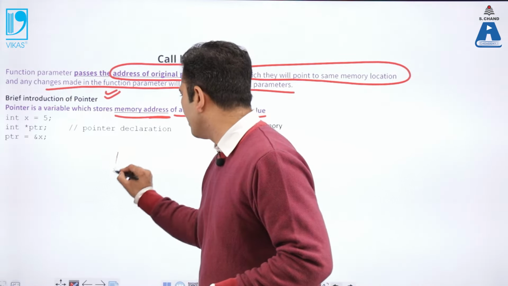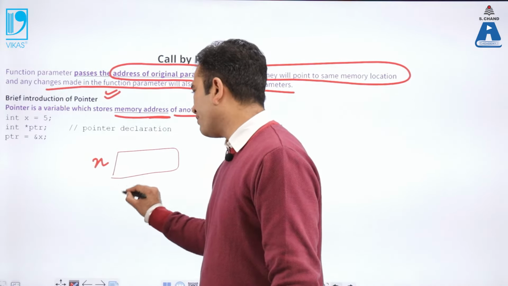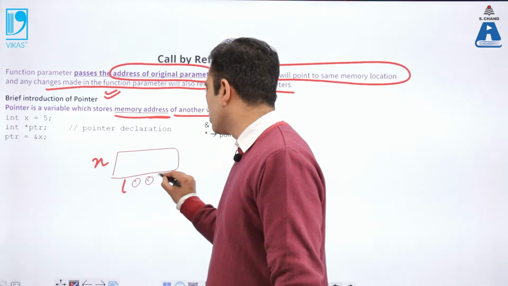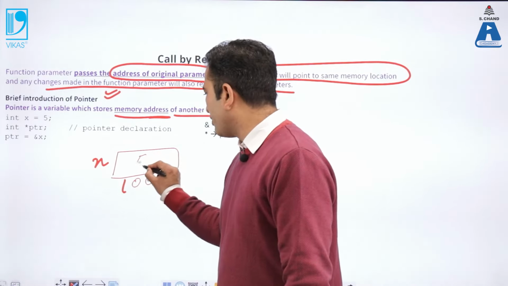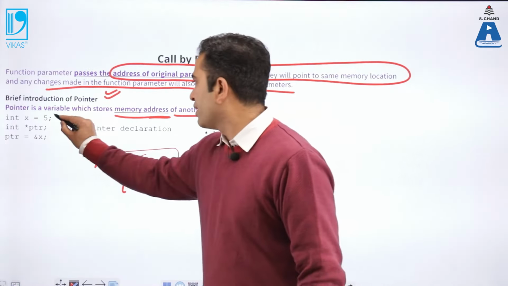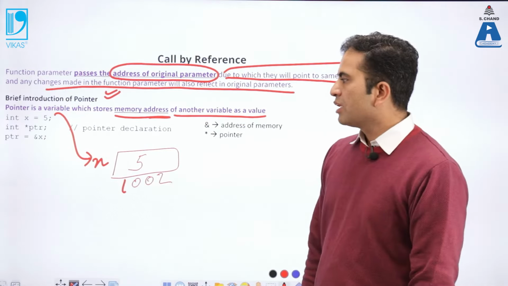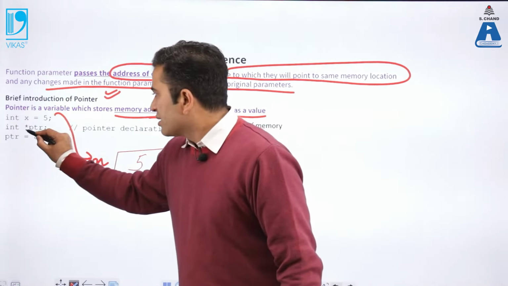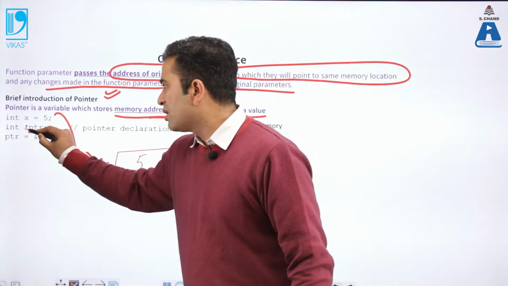Let's suppose x equal to 5. x is a variable, it has some location, that is 1002, and it has the value 5. This is the meaning of this particular statement. Int star ptr: ptr is the name of a variable and star marks it as a pointer.